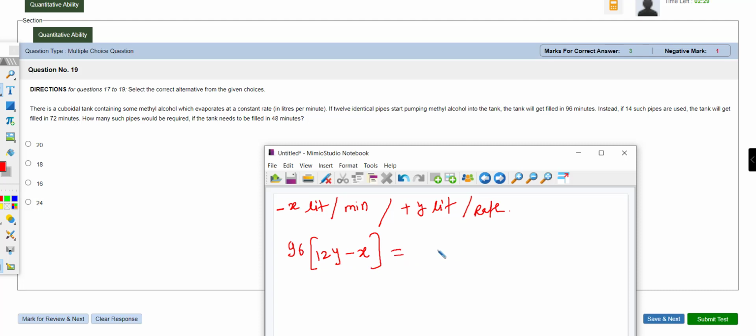That is equal to, in 72 minutes, 14 times y minus x. And we want to complete the work in 48 minutes, that is 48 into ky minus x.